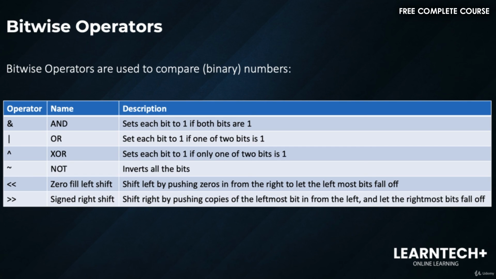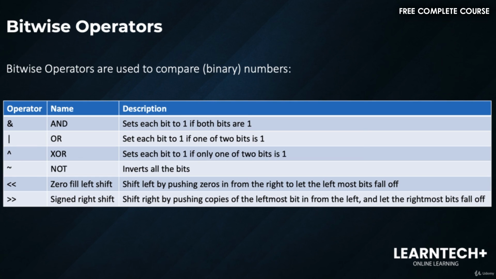And now I want to talk about bitwise operators. Bitwise operators are used to compare binary numbers. The operator AND sets each bit to 1 if both bits are 1. The operator OR sets each bit to 1 if one of the two bits is 1. The operator XOR, the caret sign, sets each bit to 1 if only one of two bits is 1.